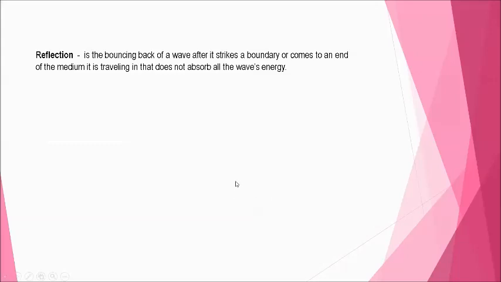Starting with reflection. Reflection is the bouncing back of a wave after it strikes a boundary or comes to an end of the medium it is traveling in that does not absorb all the wave's energy. So if it's a mechanical wave and it reaches the end of the medium, and the medium can no longer absorb the wave's energy, then that wave would bounce back.